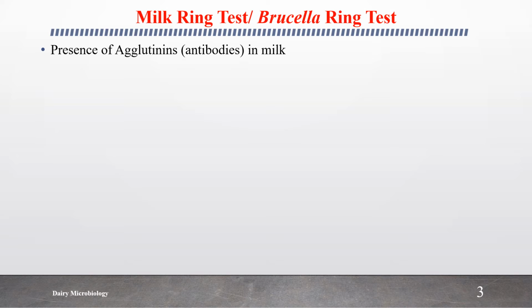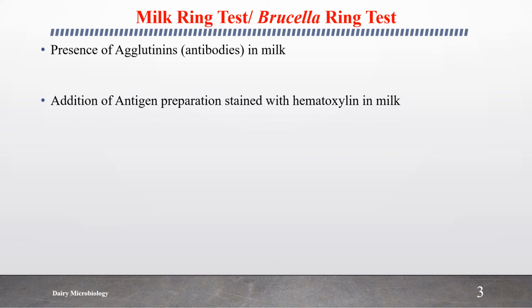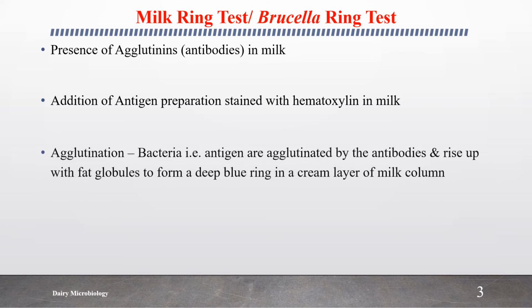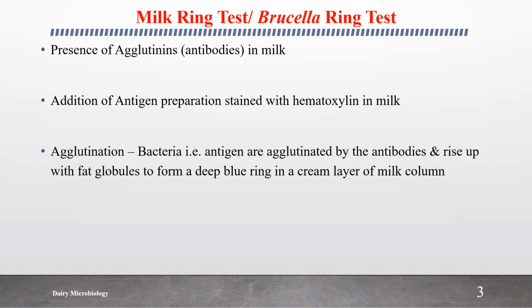When a concentrated suspension of the organism, that is Brucella abortus, stained with hematoxylin, is added to the milk sample, the bacteria, that is antigen, are agglutinated by the antibodies which are present in the milk and rise up with fat globules to form a deep blue color ring in the cream layer.